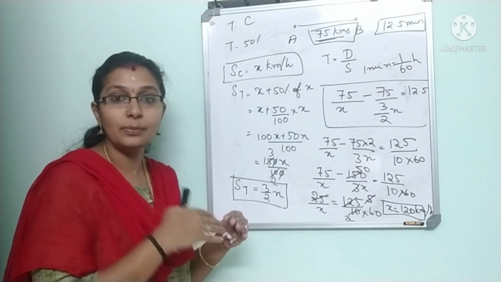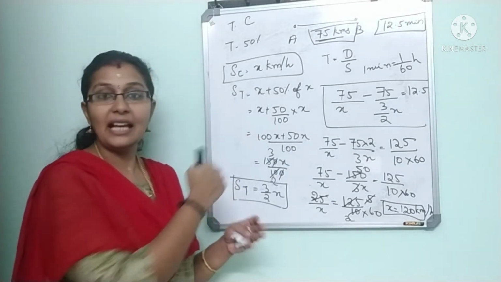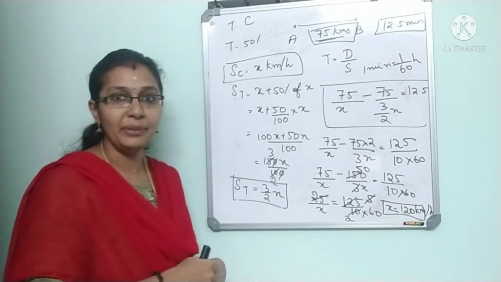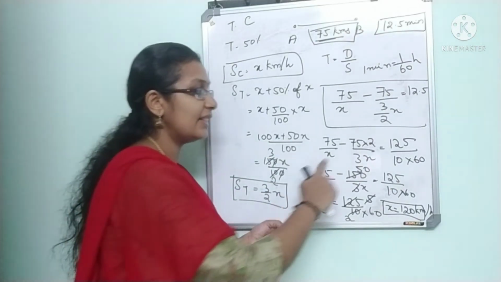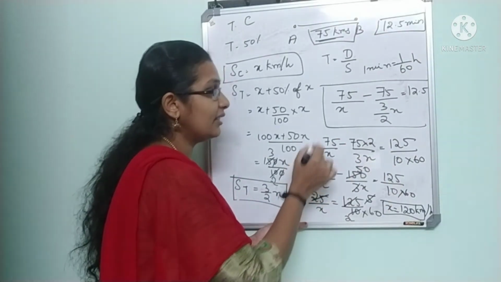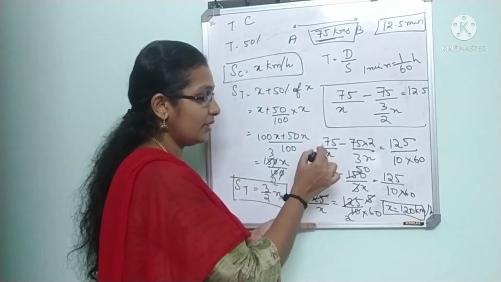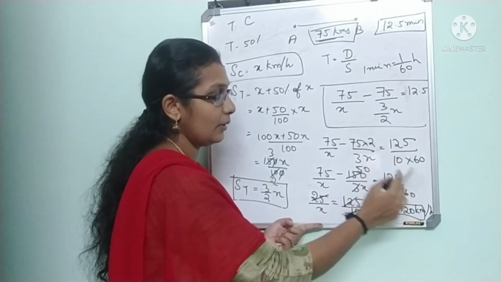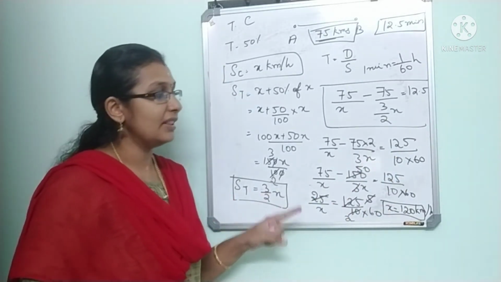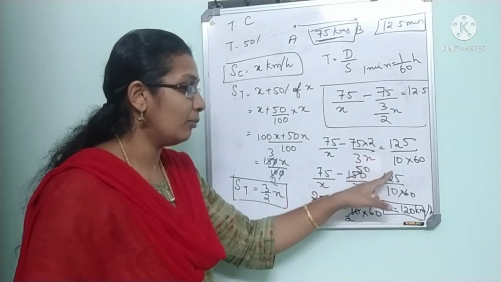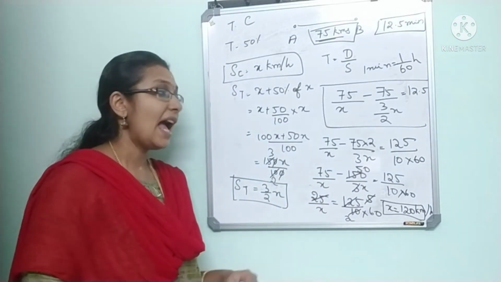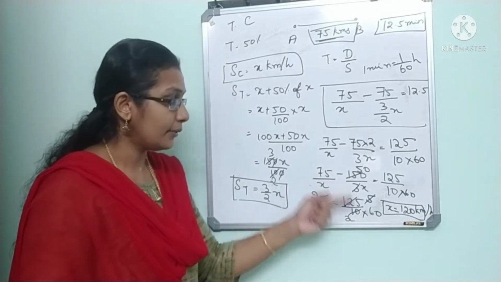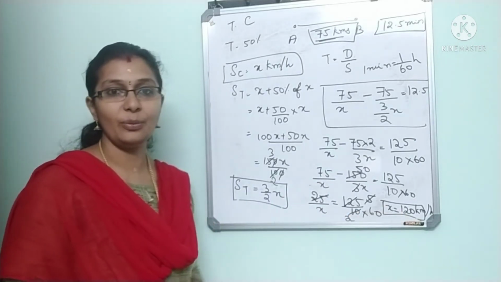So the difference between the train and car timing is nothing but 12.5 minutes, correct? So I can utilize that and form the equation using time is equal to distance by speed. So distance by the speed of the car minus the speed of the train is equal to 12.5. To remove the decimal, I multiplied and divided by 10, and to convert minutes to hours, I divided by 60. So finally you get 120 km per hour.